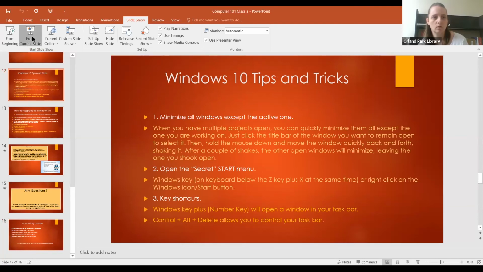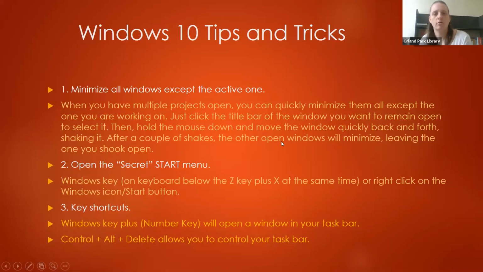All right, so again, I'm just going to bring up a couple of other tips and tricks. The next thing that we could do is open up our secret start menu. I showed you earlier how we would open up our computer, but there are different function keys that can be utilized on our keyboard, from our laptop or even our desktop.